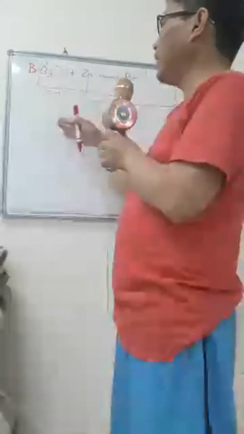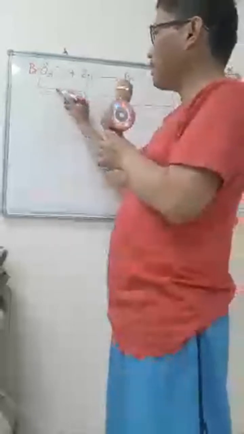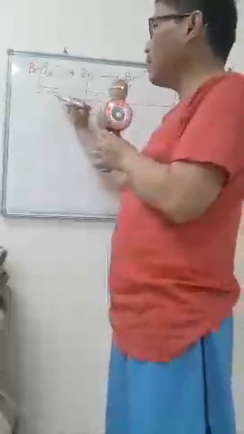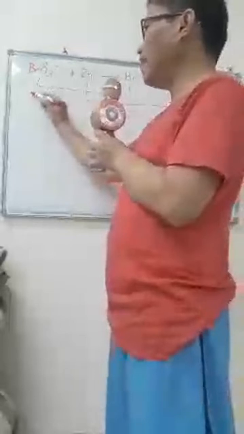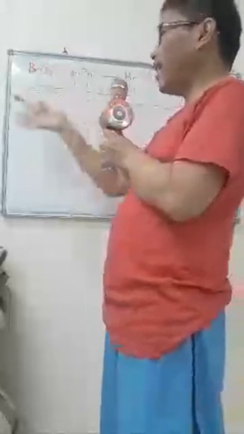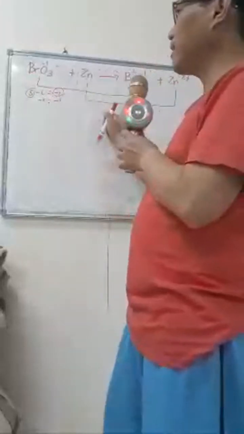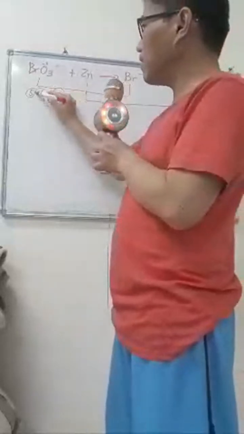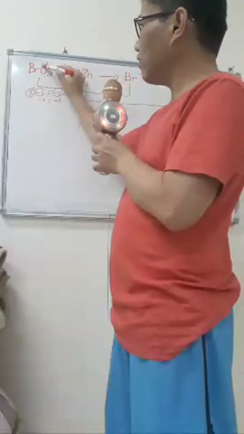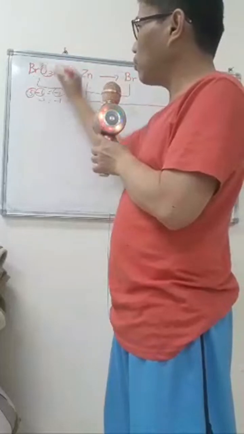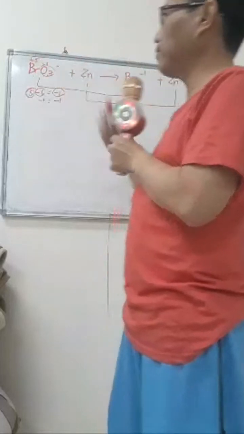Which number gives negative 1? It will be 5. This is the trial and error method. 5 minus 6 is negative 1. Since the negative 6 is for oxygen entirely, the 5 is for bromine, so put positive 5 for bromine.